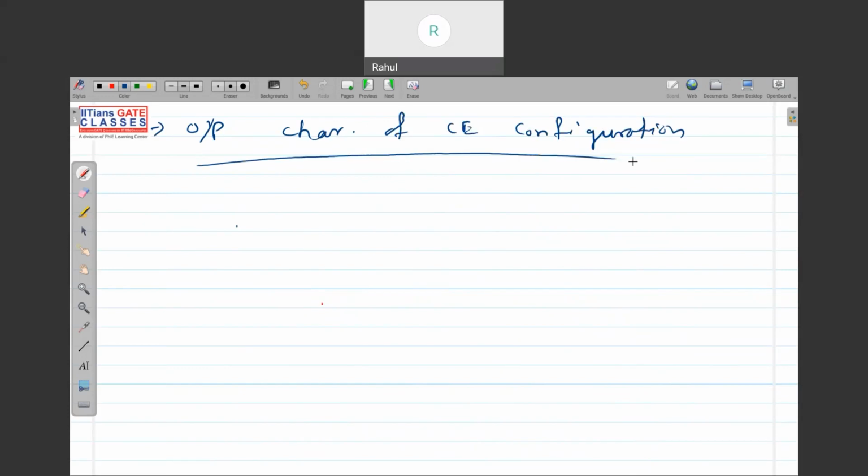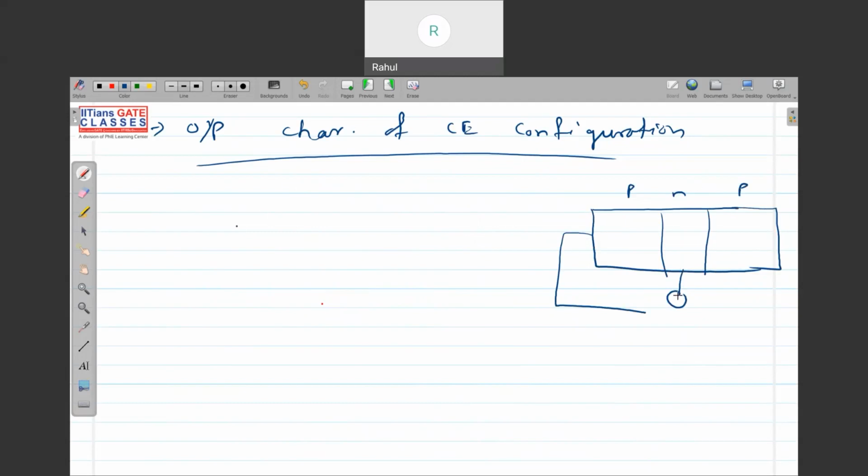So this is very general. If you understand how to derive for common emitter configuration, similarly you can derive for any configuration. So let us now discuss. We know in a BJT, the PNP transistor, for a common emitter junction, suppose my input current IB is constant.